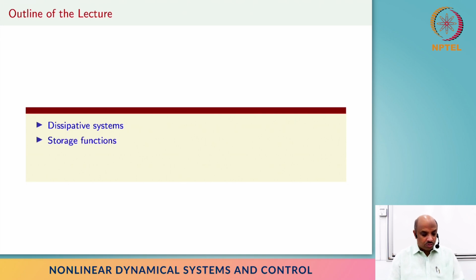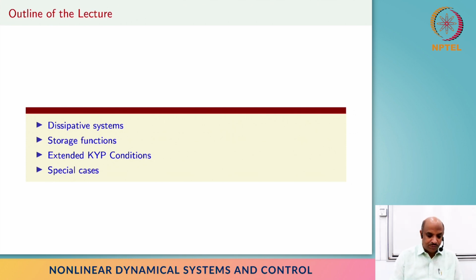So we will go through this concept of dissipative systems, then look at something called storage functions, and then at extended KYP conditions, which will look very different from what we have seen in the case of positive real, and then we will look at some special cases. This is for this lecture, right?